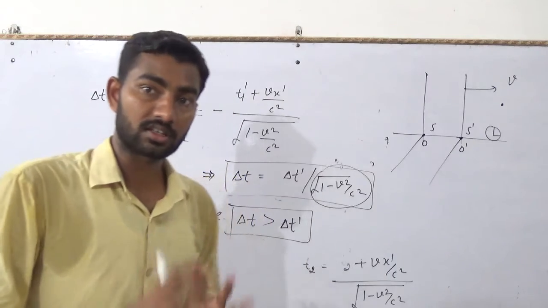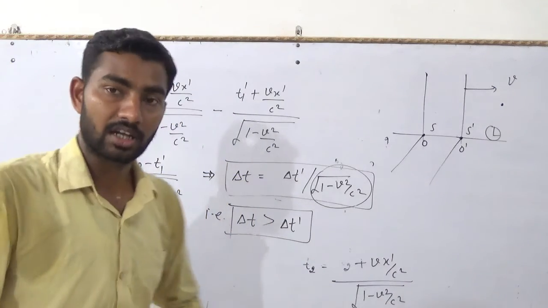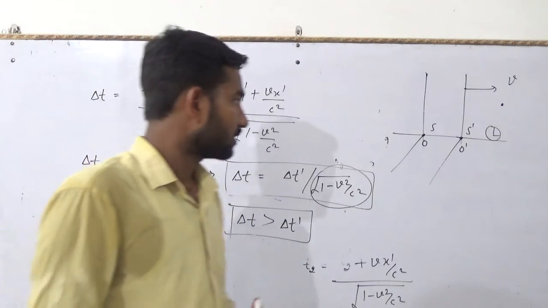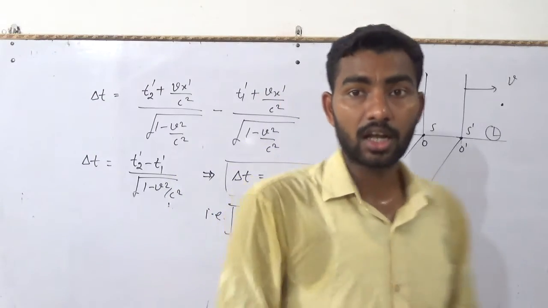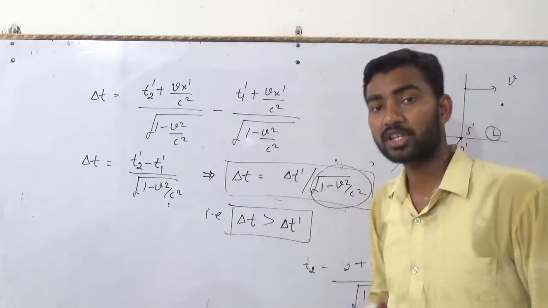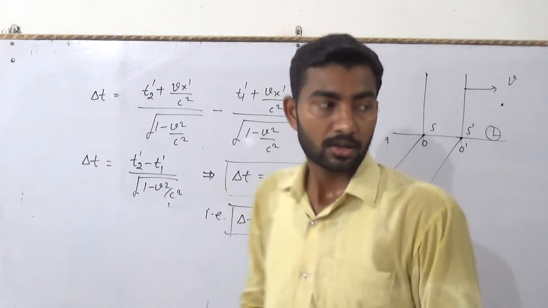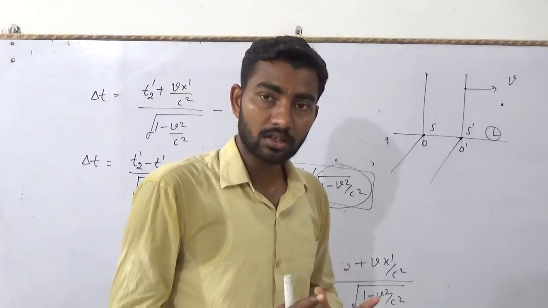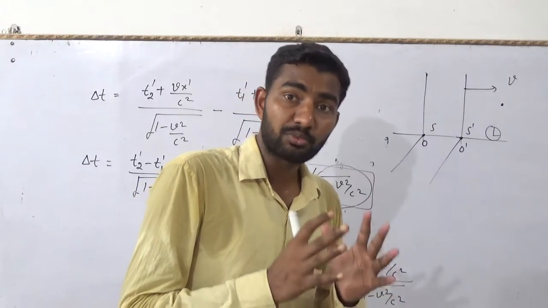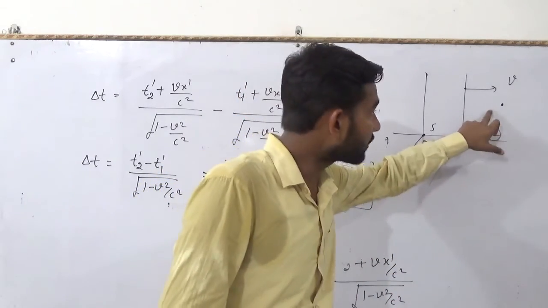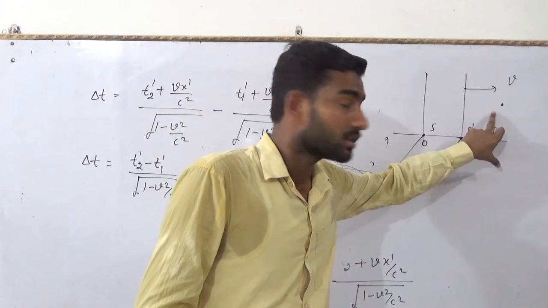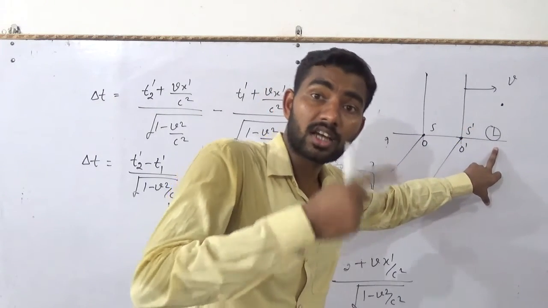It is the result of time dilation. And a very important line of this topic is, friends, the time interval which is measured by me in this frame of reference S dash, in which the clock is at rest.